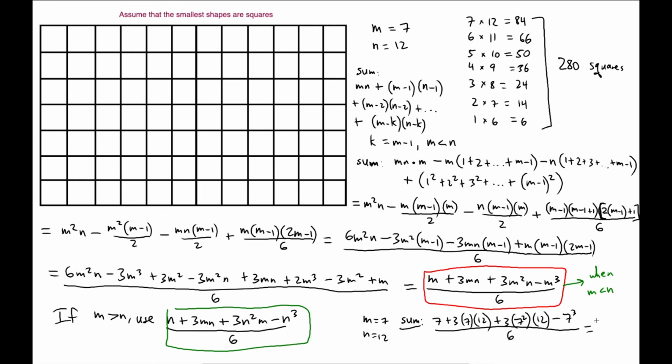If you do this right, you should get the same answer as the manual counting method, 280 squares.